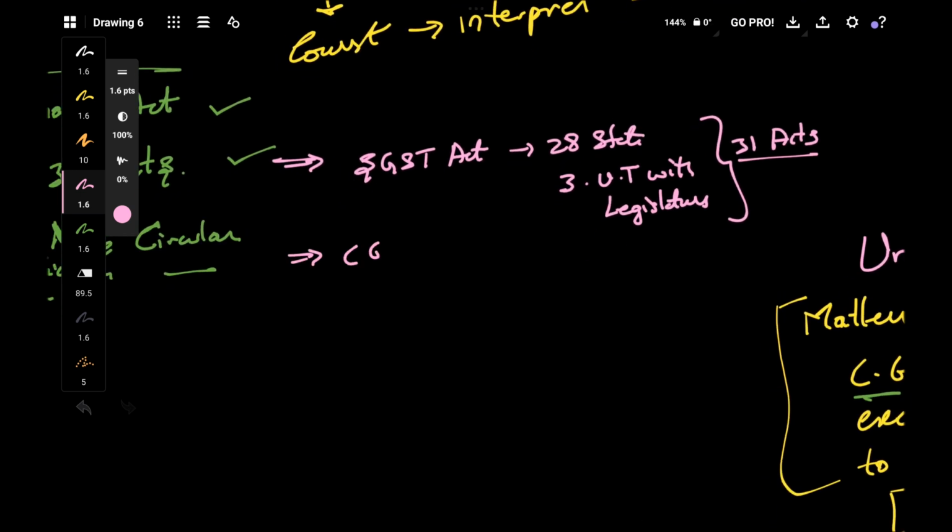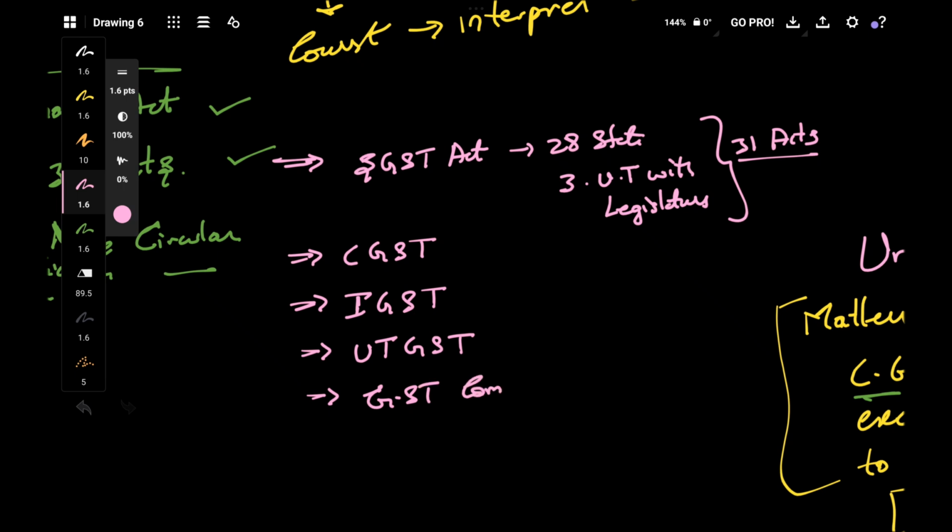The other 4 acts are CGST, Central Goods and Services Tax; IGST, Integrated Goods and Services Tax; UTGST, Union Territory Goods and Services Tax Act; and at last we have the GST Compensation Cess Act.